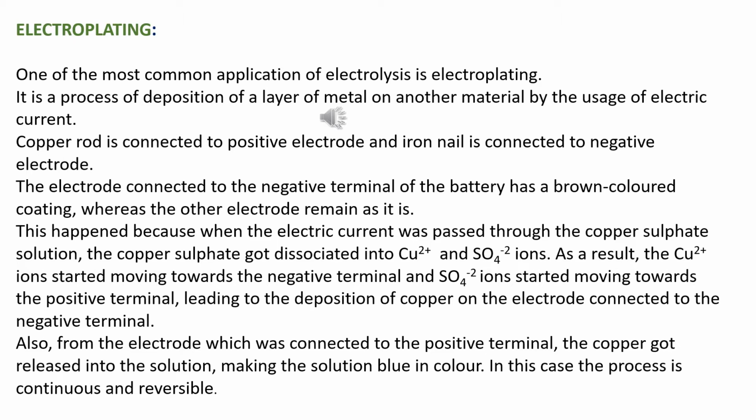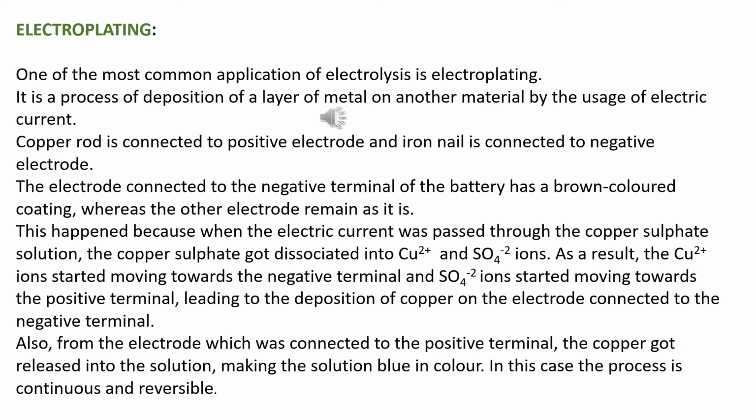For example, if you want to keep something silvery in look, we cannot keep it in silver as it changes its color as time passes. So the process of coating one metal on another metal by using an electric current, we call electroplating.